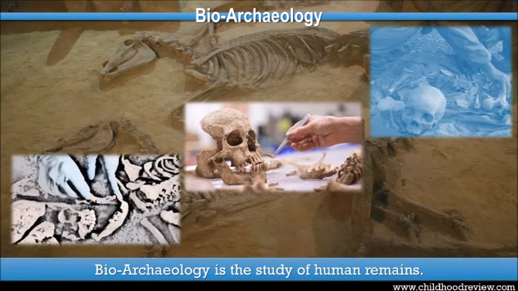Now let's see bioarchaeology. Bioarchaeology is a subfield of physical anthropology and it is the study of human remains. The term bioarchaeology was first coined by British archaeologist Grahame Clark in 1972 with reference to zooarchaeology, that is about studying animal bones found at archaeological sites. In this field of study, archaeologists emphasize cultural and social processes in the skeleton.